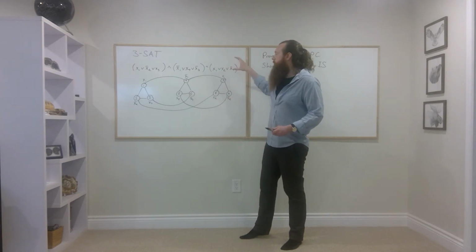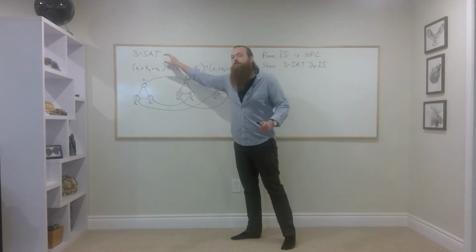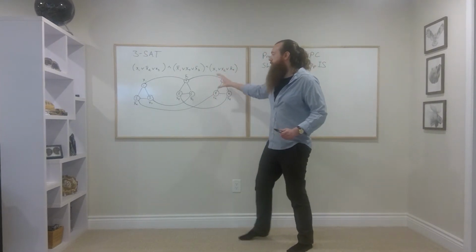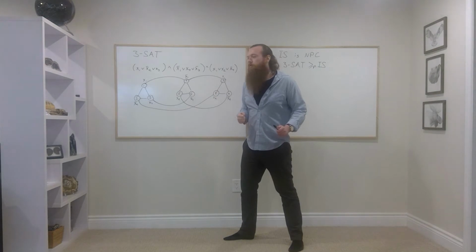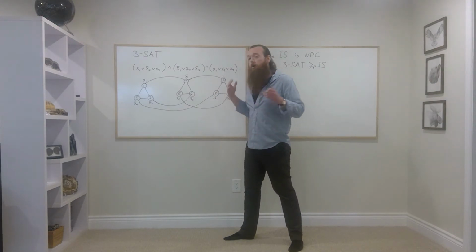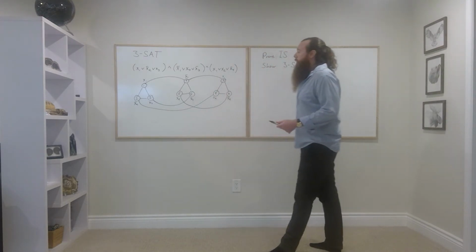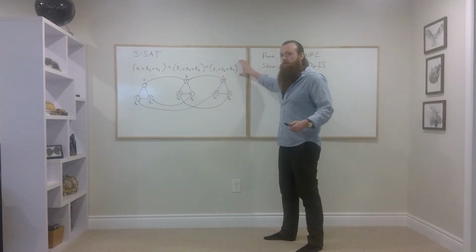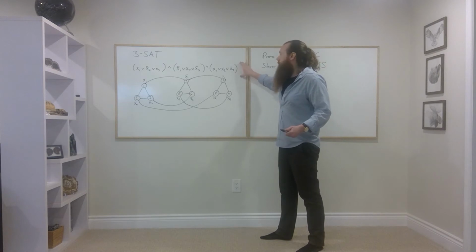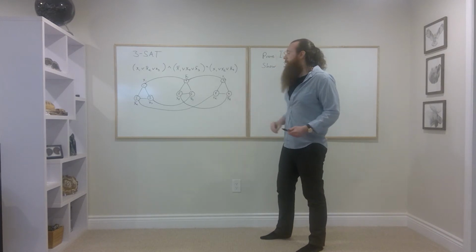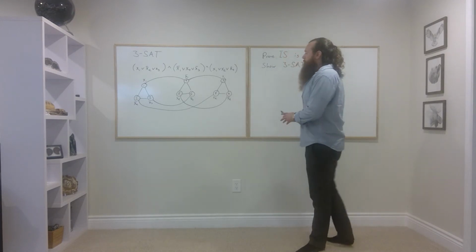In the same way that the resat is constraining each of these terms, now we're constraining each of these little triangles here. So we're constraining more and more independent sets, and we are hopefully doing it in such a way that if there's a solution here, there's going to be an independent set down here, and vice versa. If there isn't a solution here, there isn't going to be an independent set down here of size k.